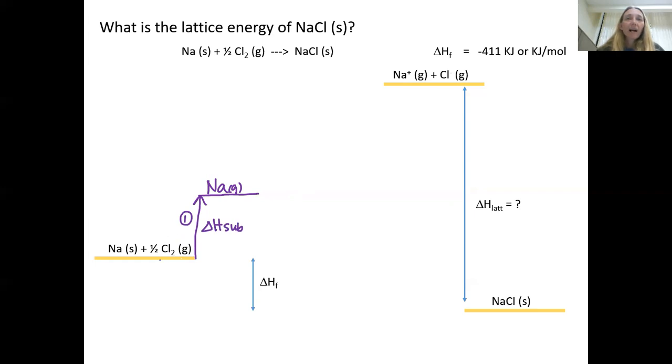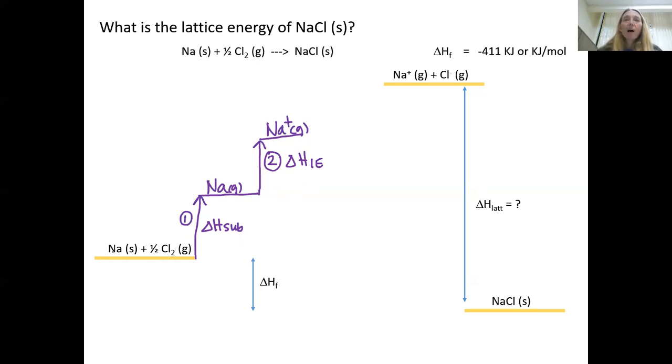And remember, the chlorine gas carries on, so it's still in this process. The next step is my second step, where I convert the sodium gas to the sodium ion gas. When I do that, I get a delta H for the ionization energy. So I can look up that number.